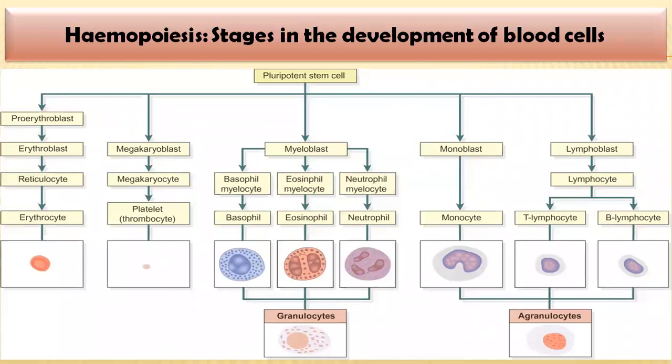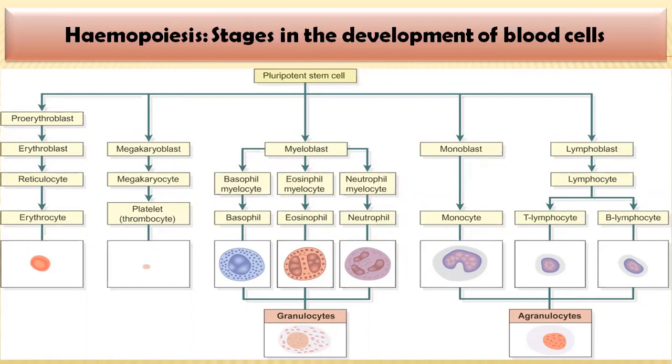Okay, hemopoiesis or hematopoiesis, these are stages that are involved in production or development of blood cells. So you have pluripotent stem cells that can differentiate into different types of blood cells. So this will be blood lecture 2, so I won't waste much time here, but just to say within the bone marrow, you have two types of bone marrow. You have red bone marrow and yellow bone marrow.